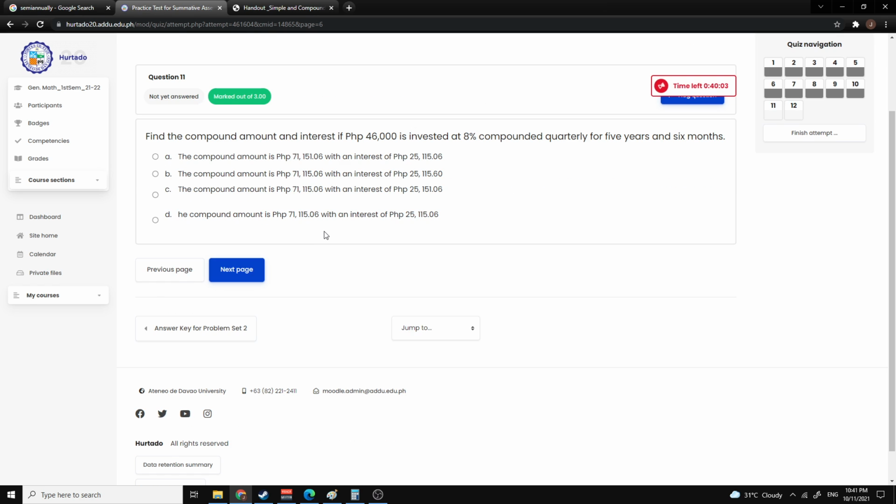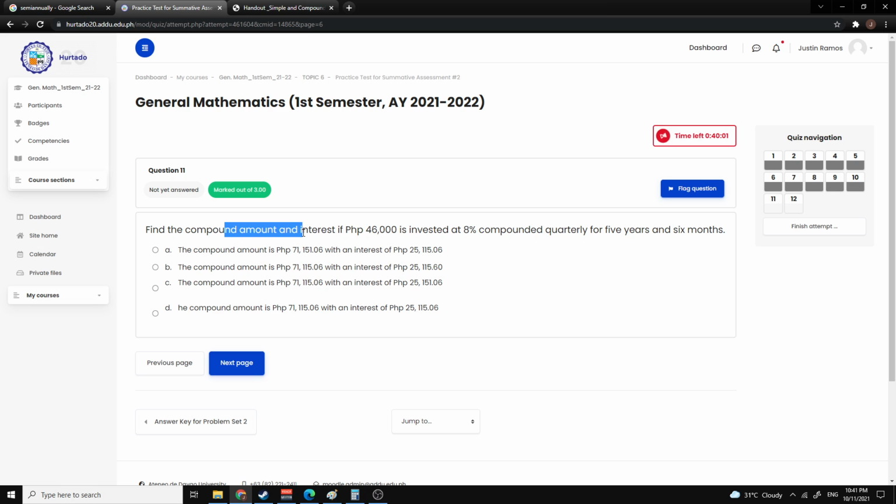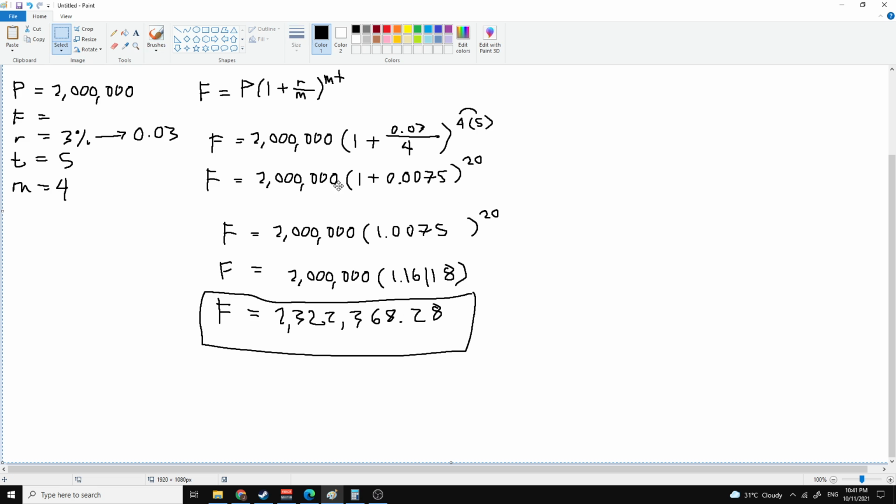So okay, so now find the compound amount and interest if 46,000 pesos is invested at 8% compounded quarterly for 5 years and 6 months. Okay, so let's analyze this again. That's the problem again. Okay, so since it's compounded quarterly, we're going to be using the same formula.